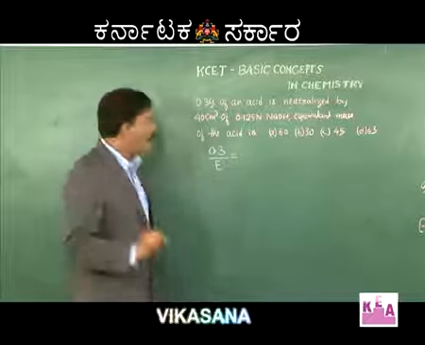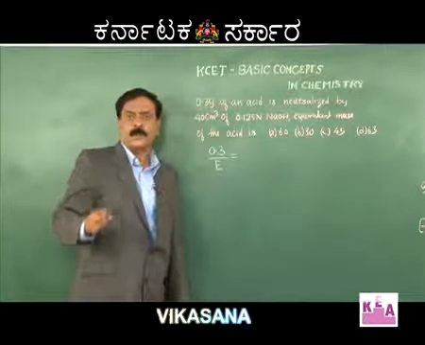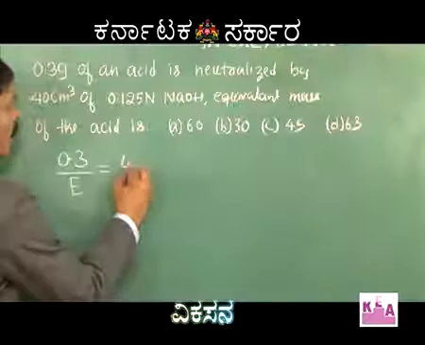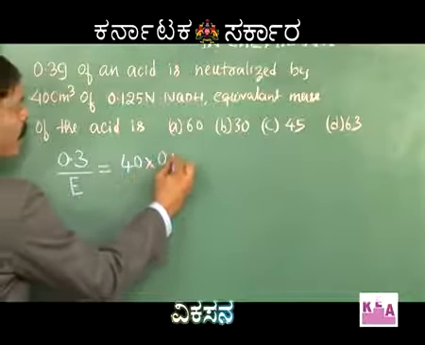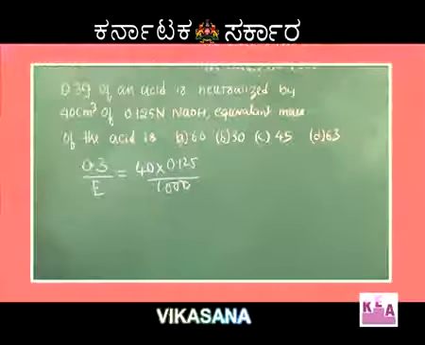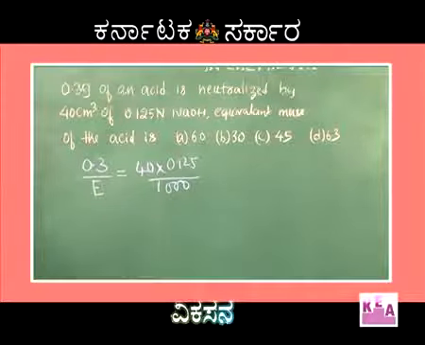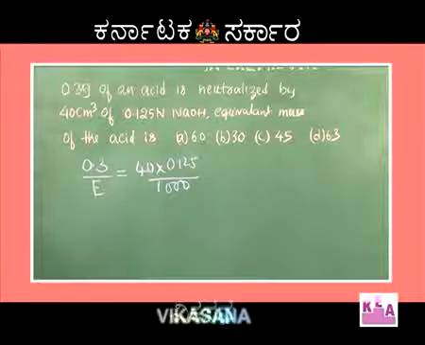The number of equivalents in 40 cm cube of 0.125 normal NaOH is 40 into 0.125 divided by 1000. Please note, the formula to calculate the number of equivalents will be equal to V into N divided by 1000. For the reaction to be completed, this has to hold good.